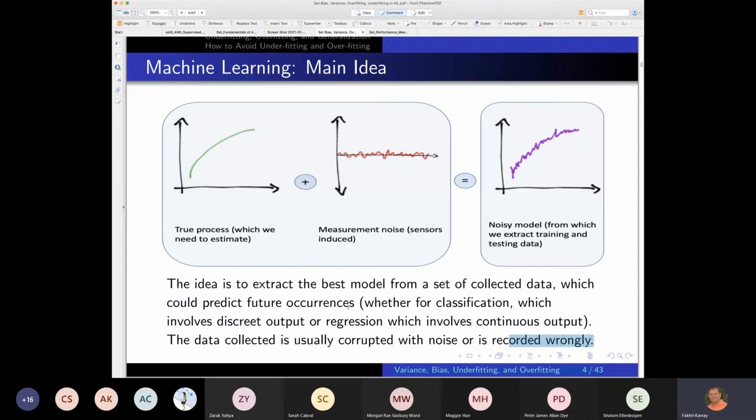So we would like to extract the best possible model from a set of collected data, which could predict future occurrences. So we don't want to create a model that is going to follow all the little jaggedy edges in this particular representation here, because a lot of these jaggedy edges are related to noise, something that we are not interested in measuring. So we would like mostly to interpolate with a certain type of representation.